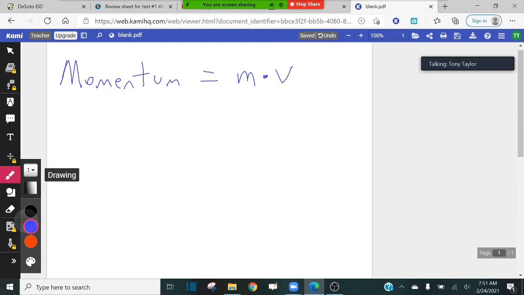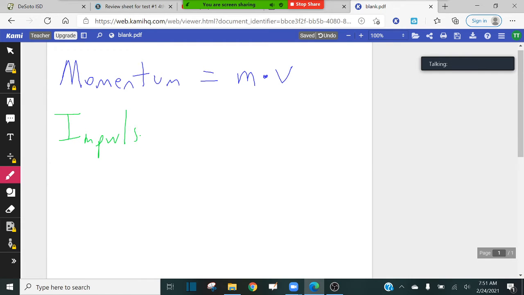I also gave you an equation for impulse. And impulse is equal to force multiplied by time, in other words, change in time, or your time interval. So guys, these are going to be the two main equations that you're going to be using for the momentum impulse problems.